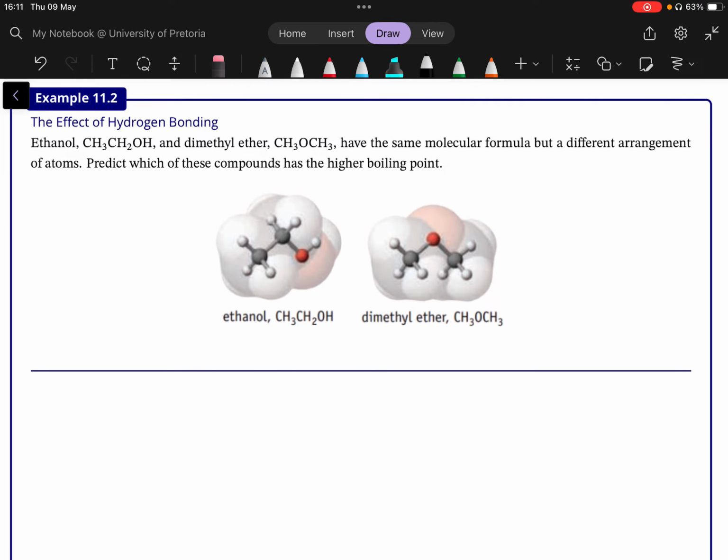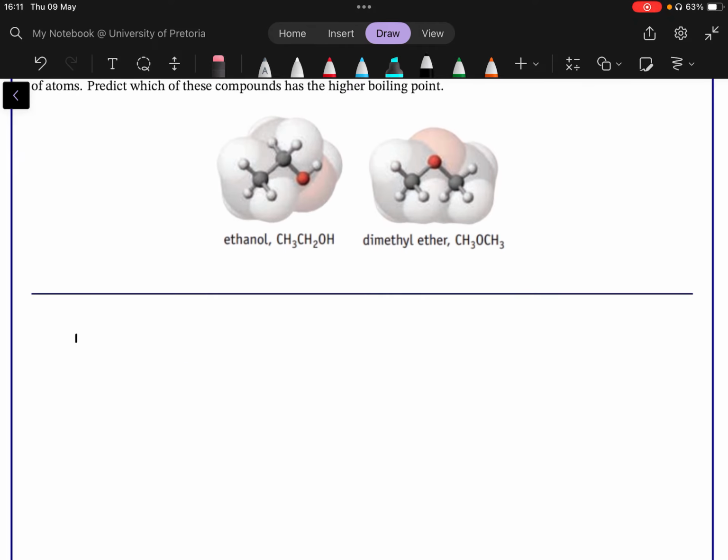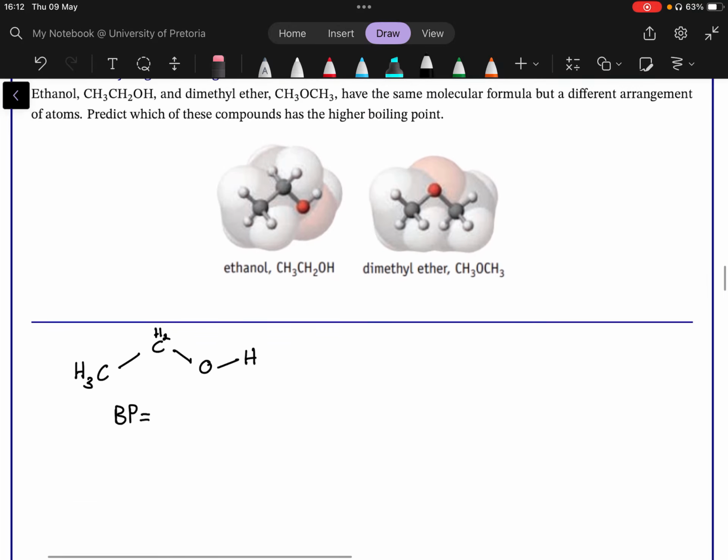Anyway, so what is the effect of a hydrogen bond? We're told that we have two species which have the same number of hydrogens, the same number of carbons, and the same number of oxygens. But their structures differ in that the ethanol has an H3C bonded to a CH2 bonded to an O and an H. And it has a boiling point equal to, what is the boiling point given?